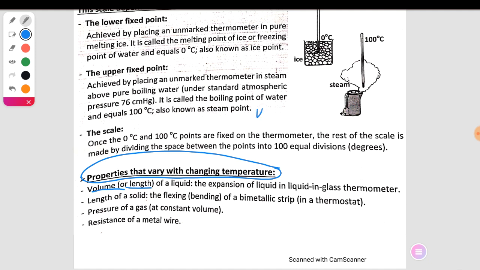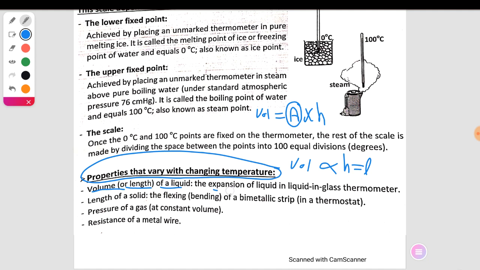Because volume equals area times height, and the area is constant because the thermometer is uniform. This means that volume is directly proportional to height, or length. So we use the length instead of the volume of liquid.